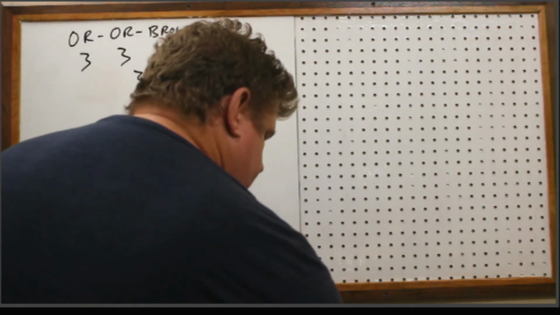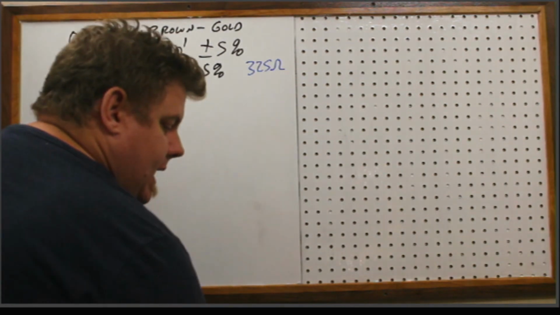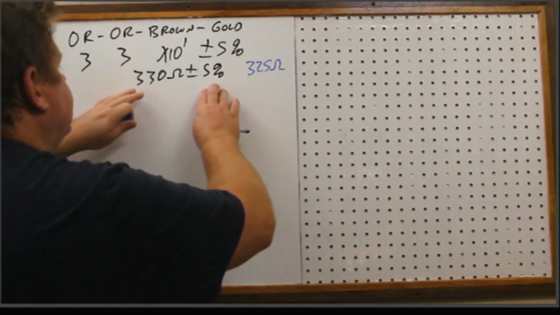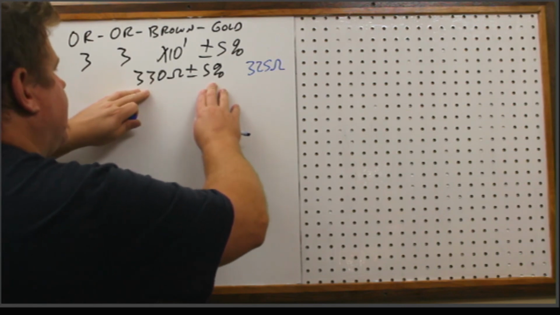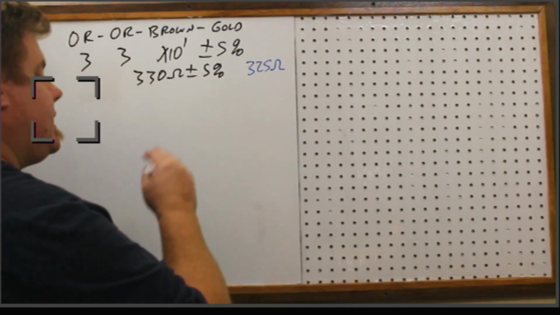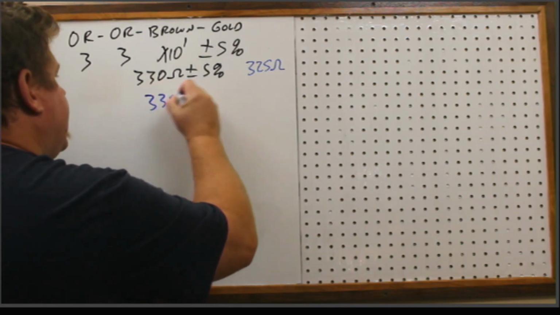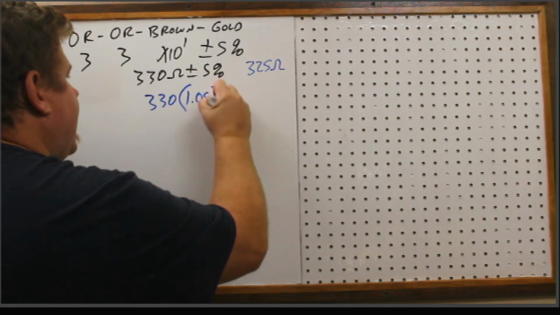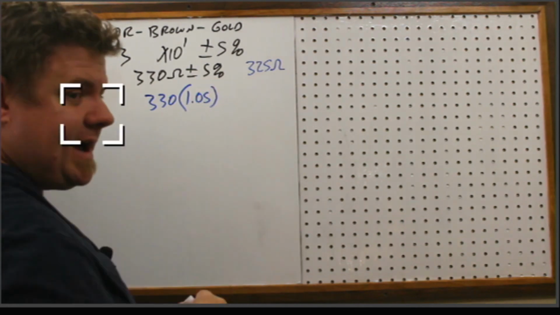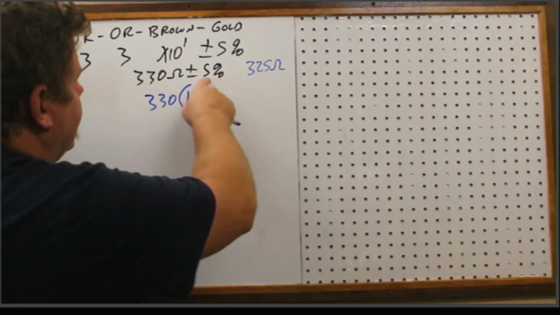Okay, now if you want to do the maximum and minimum calculations, essentially you're taking plus 5% and minus 5%. I showed you in the resistance video the way that I calculate this: I take 330 times 1.05 because that's 105%, right? If no tolerance is here, then it's exactly on.